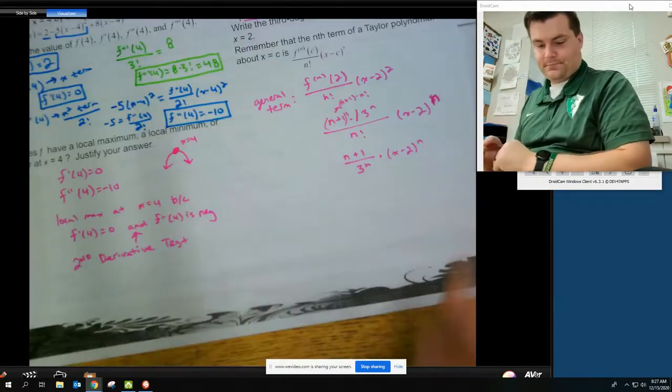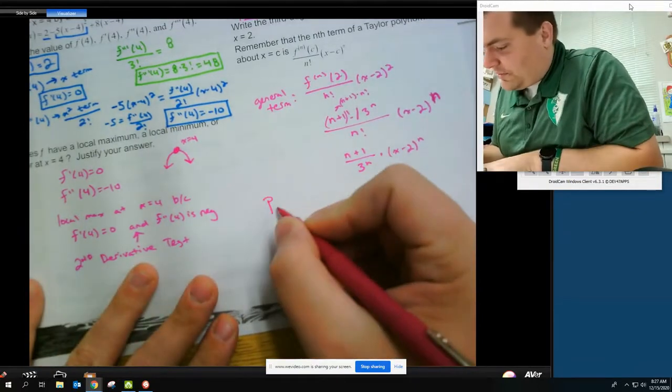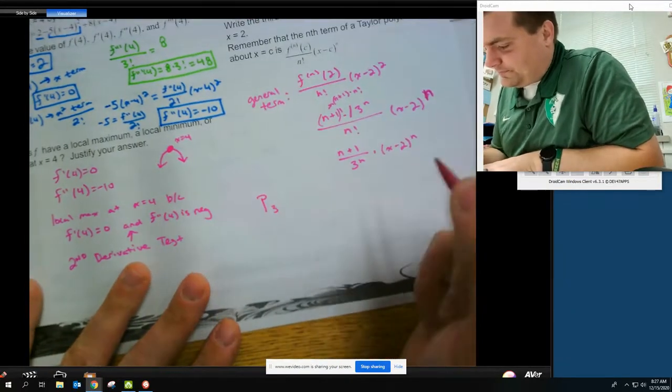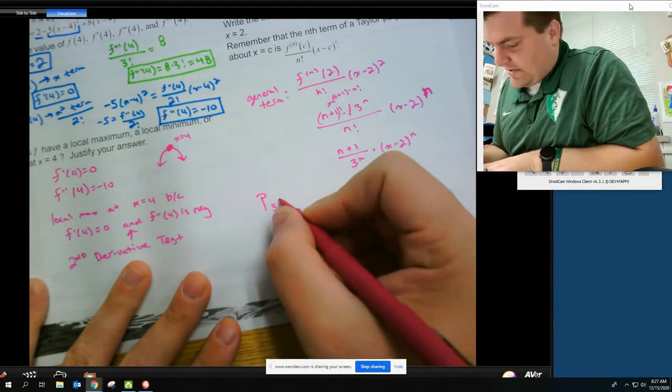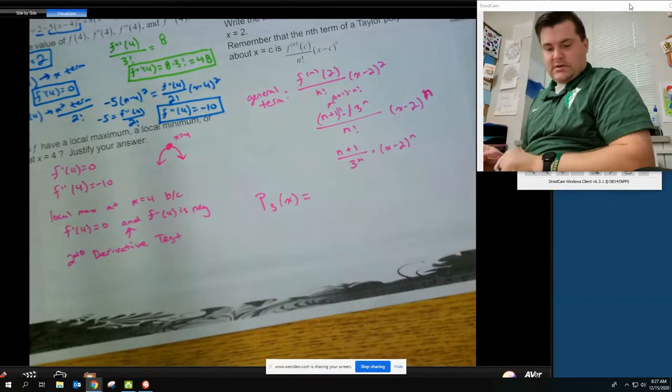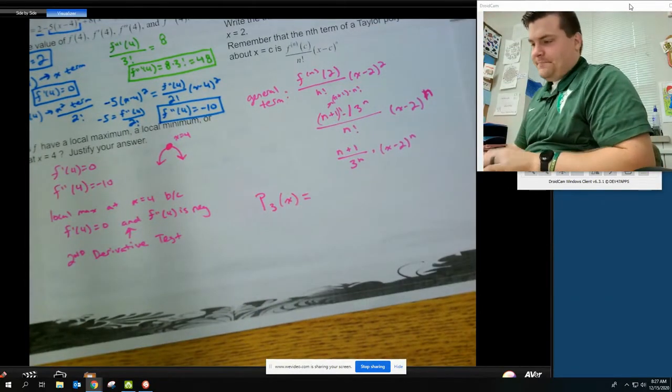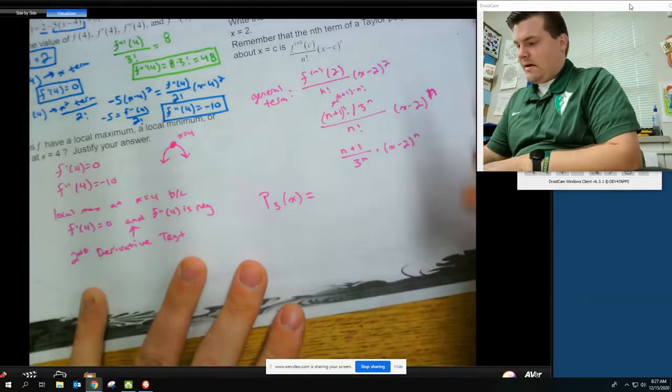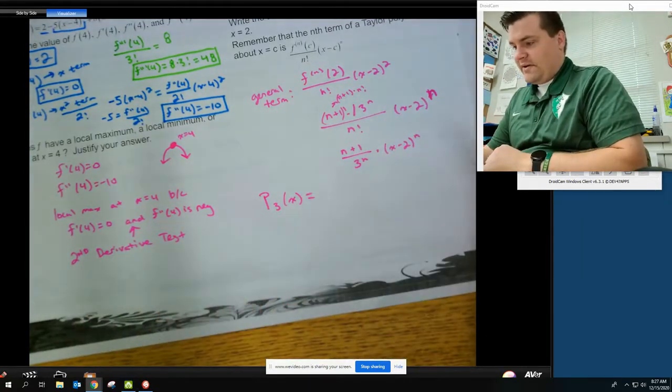Okay. So for a third degree polynomial of x, it is going to be this. I had to find out what f of 2 is.